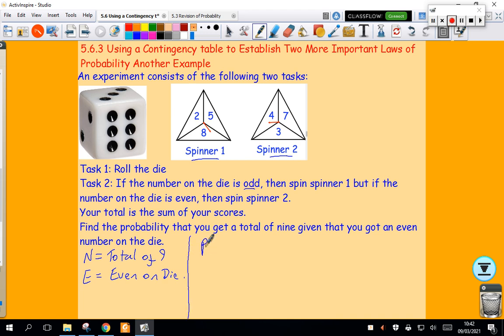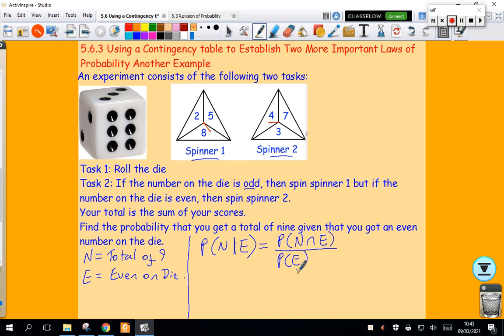Well, that's the probability of N, total of 9, given, vertical line, that you got an even number on the die. And that's my conditional rule, which is the probability of a total of 9 and an even on the die, divided by the probability of an even on the die.